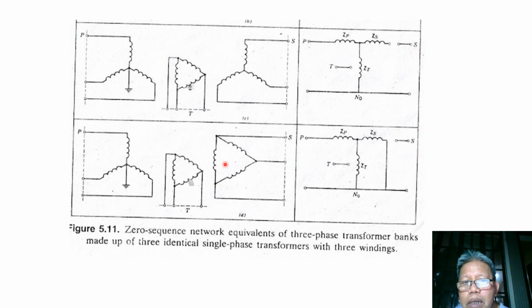But since our connection is delta, zero sequence current can also circulate in this loop. So we have Z sub S, and because this is delta, it just goes down here to the reference axis. So this is our equivalent circuit. So we have the short circuit current from the primary, for example. Upon reaching this, a portion will flow through this and the rest will flow through this path.